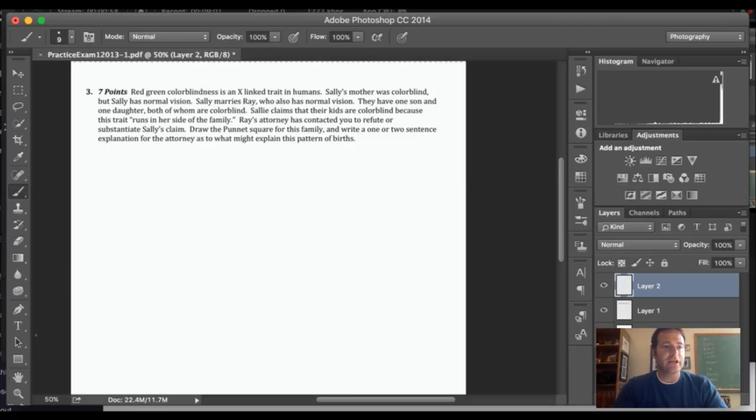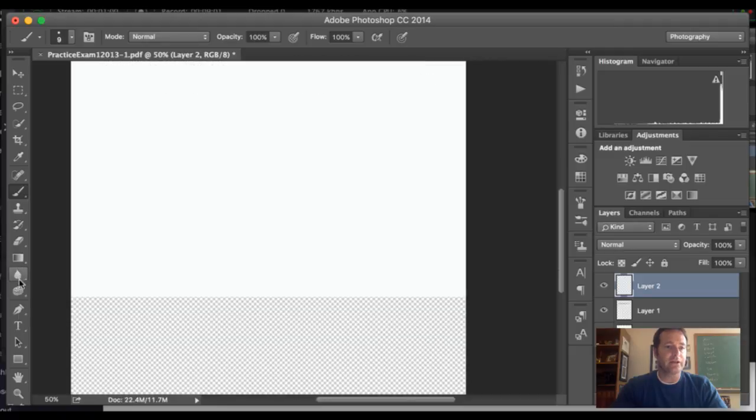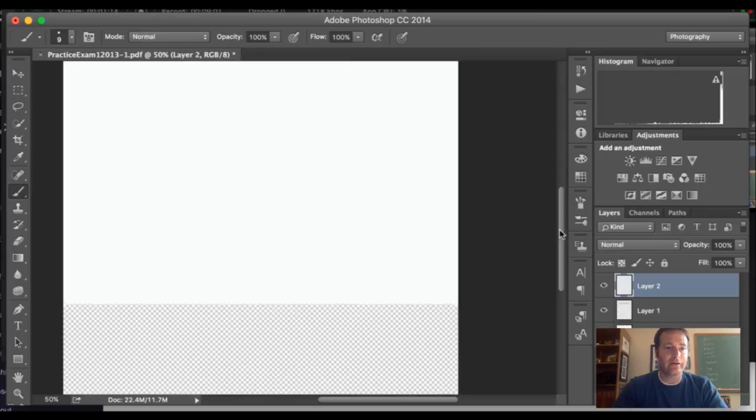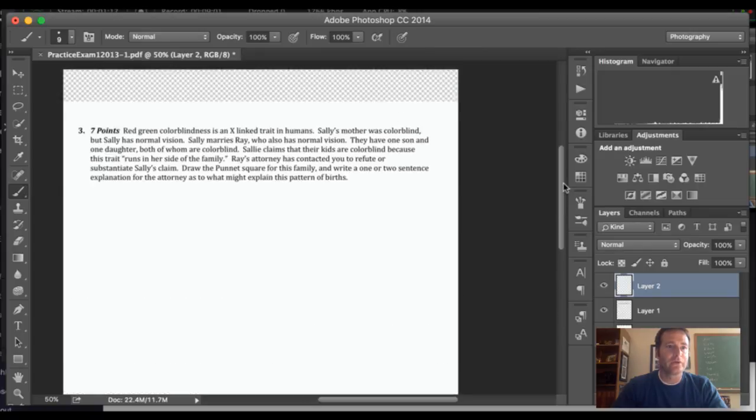So just in terms of getting set up here, I feel like it's going to be useful to track, since this is a sex-linked problem, the male and female components of the problem.